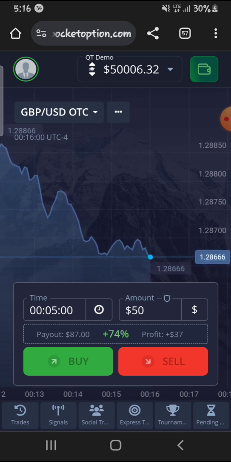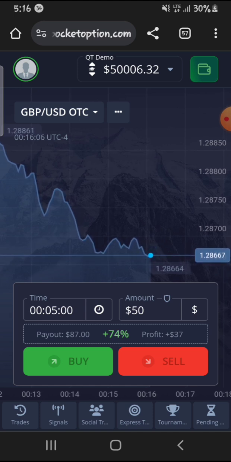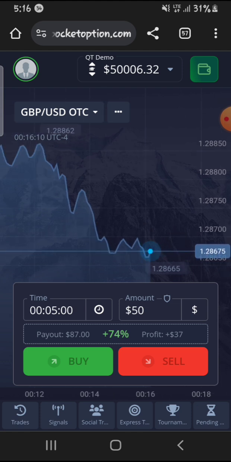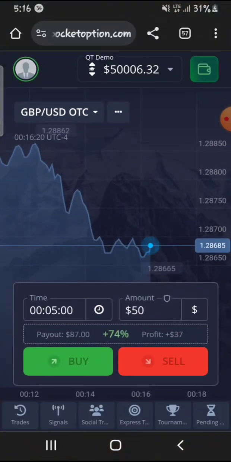Because by the entry, all you need to do is press either buy or sell. That's what you want to do. Now, let's go to the signal again to look at it. I've given you entry at 14:30. Make sure you check the time here.